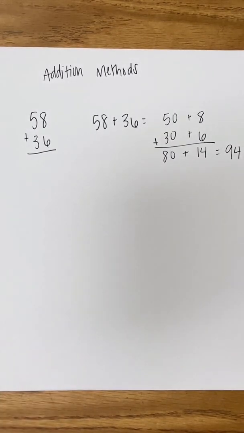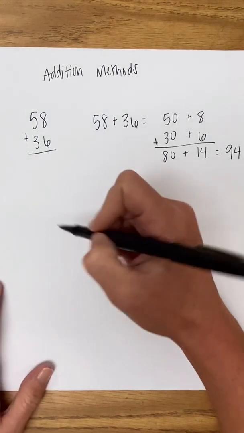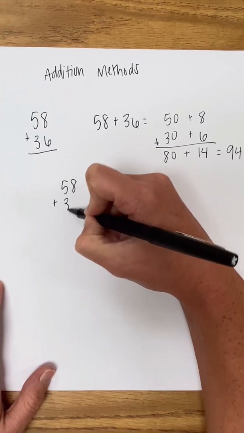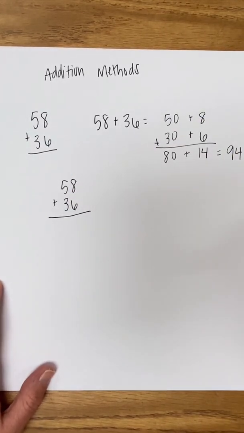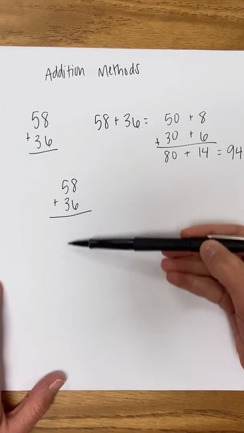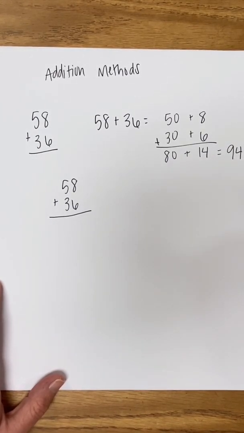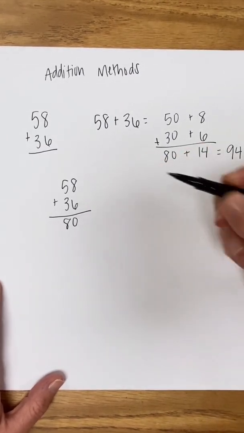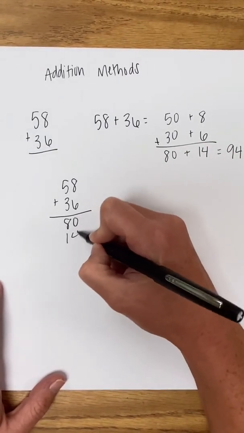Another method for solving addition problems is called show all totals. I'm just going to use that same problem. For show all totals, they're going to use that same knowledge of expanded form, except they're going to display that information below the problem. So 50 plus 30 is 80, and 8 plus 6 is 14.